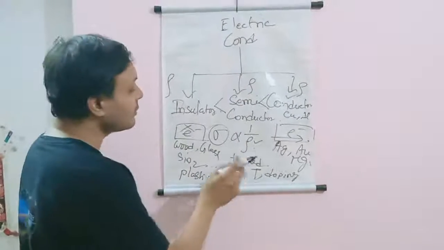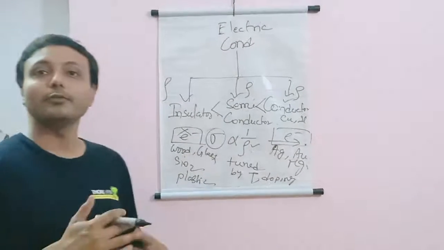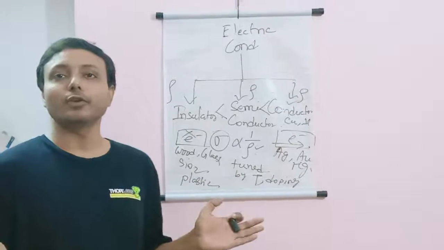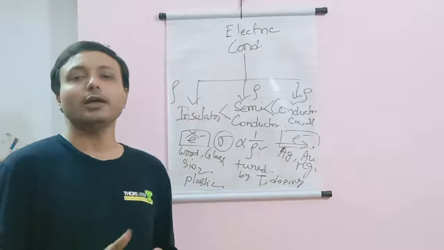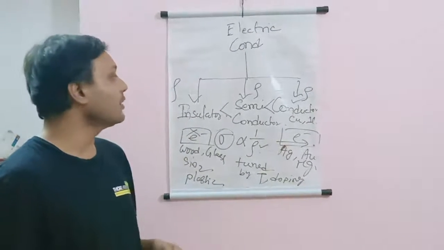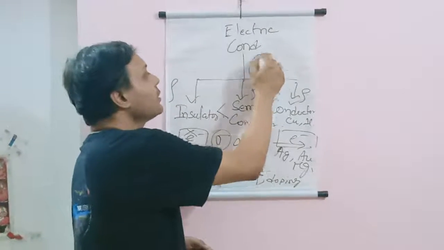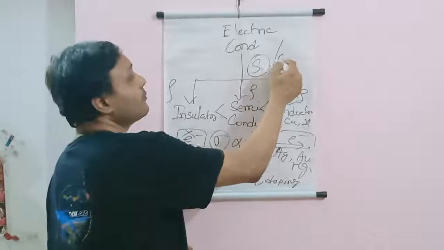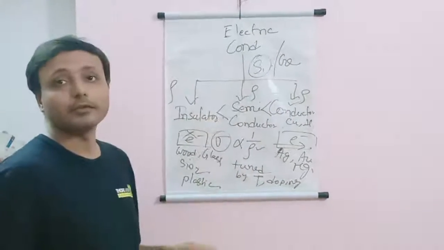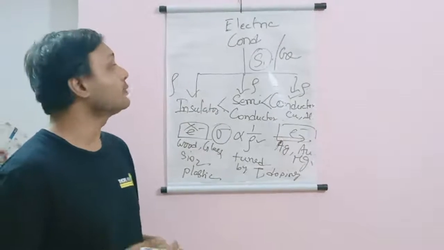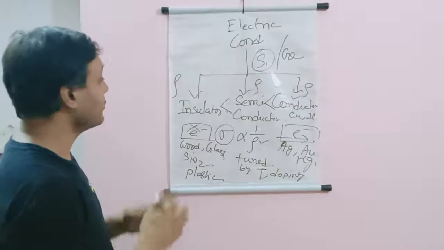The virtue of this changing conductivity allows semiconductors to be used in almost all the electronic components we see, from your smartphone to televisions. Silicon and germanium are the two very famous semiconductors. Among them, silicon is used in your smartphone and television chips and everything. So this is the basic definition and the difference between these three things.